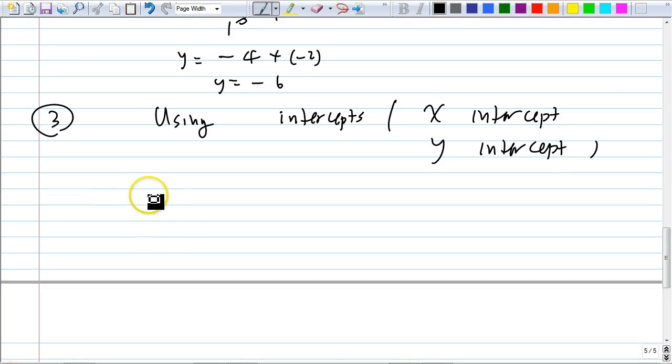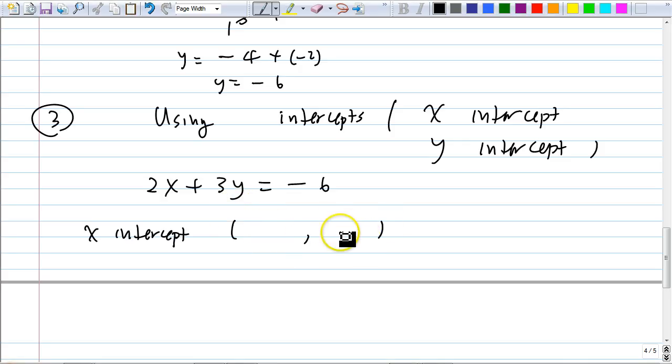So let's do exactly the same problem again. Let's see if we get the same graph. Now, one nice thing about using the intercepts is we don't have to solve for y. All you have to remember is, if you want to get the x-intercept, when the line crosses the x-axis, it has to have the y coordinate as 0, and some number a, comma 0 is the x-intercept.